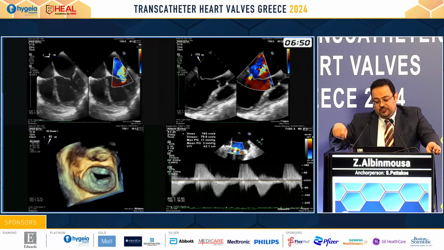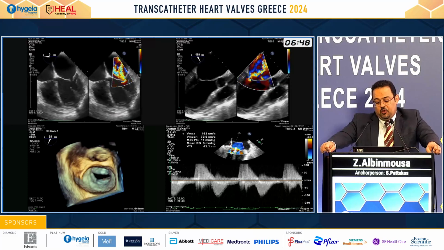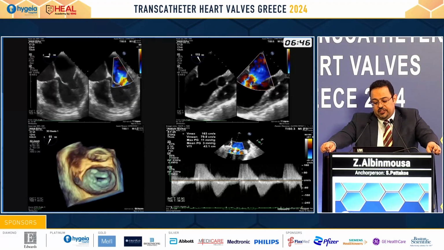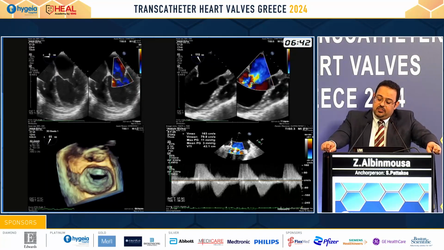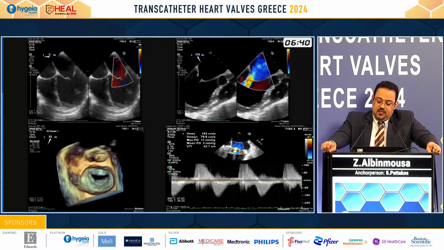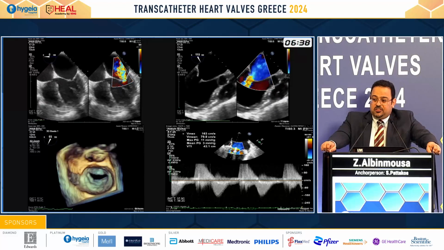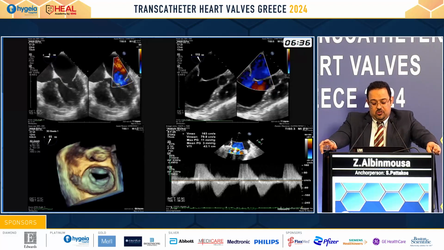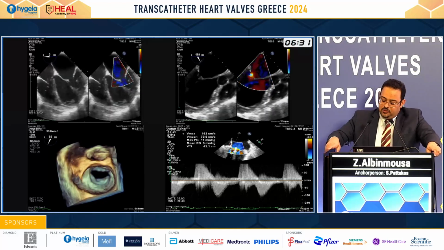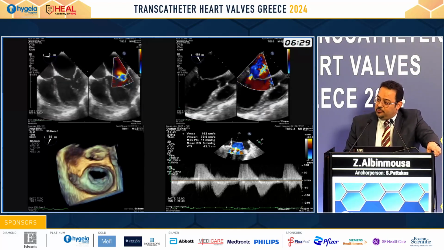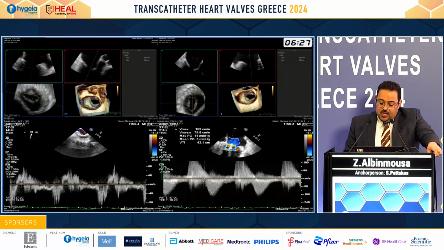In the transesophageal echo, you can see there is a wide gap, severe MR definitely, no doubt, but again, there is a great concern about the posterior mitral valve leaflet. The gradient was 3 to 4, which added to our concern in discussing this patient for mitral valve TEER.